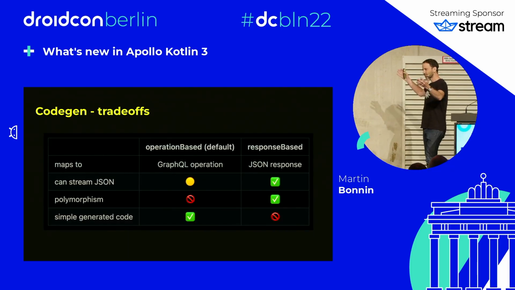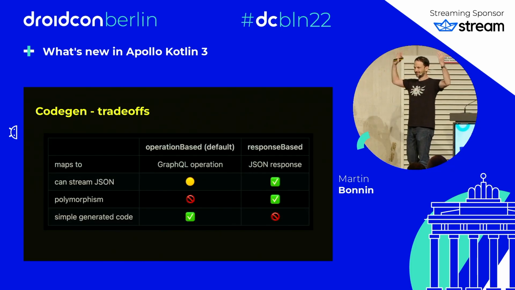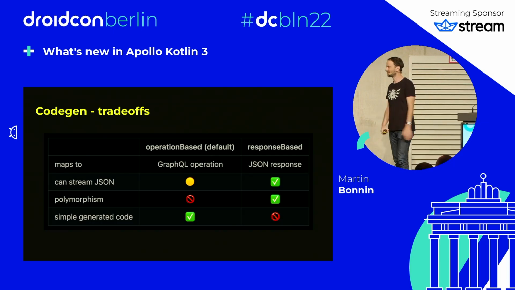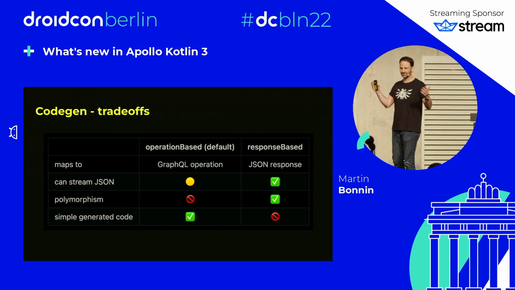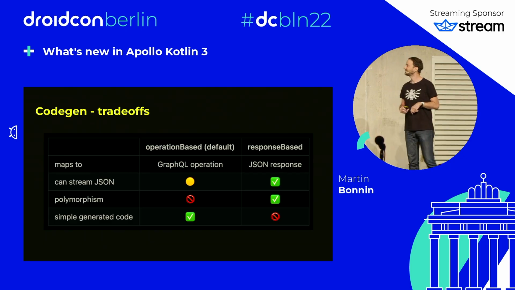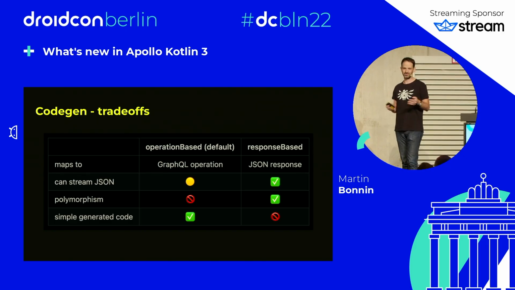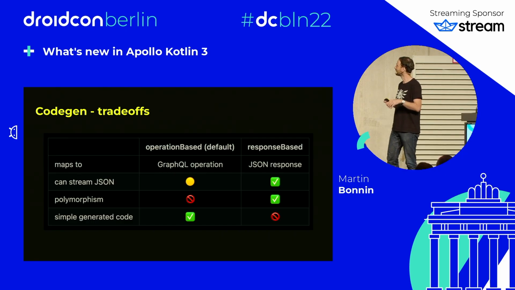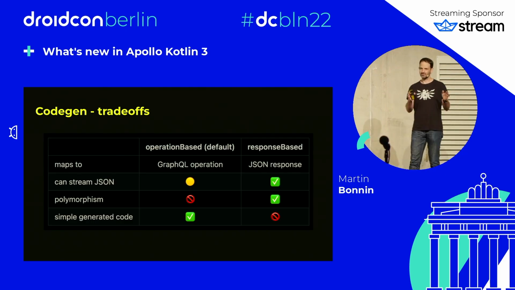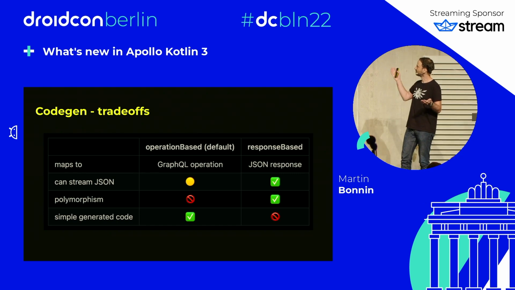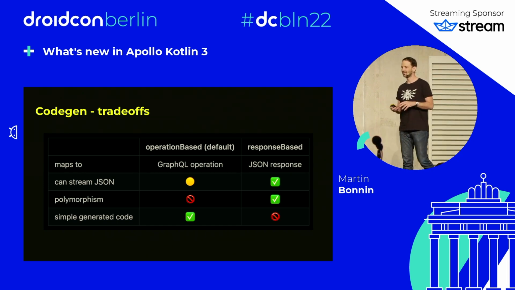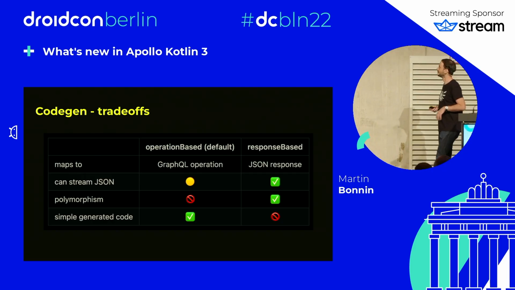So in the end, we ended up with a trade-off. Like every software engineer would say, the solution to every problem is it depends. So we decided to go by default with the operation-based codegen because it's not going to blow up your JVM or your ART runtime or whatever. The operation-based codegen maps to the GraphQL operation. It doesn't have all the type information, but you're guaranteed that it will not break your compilation.